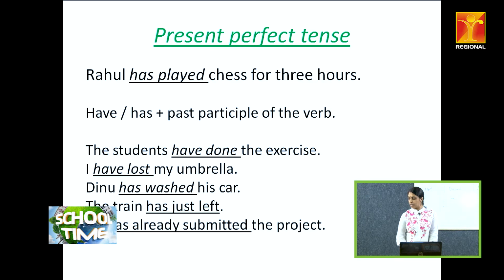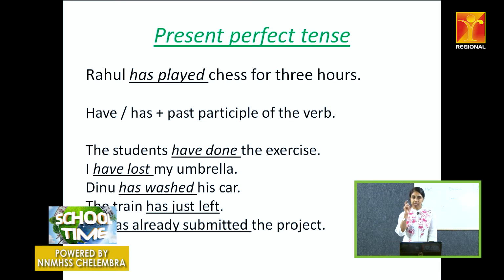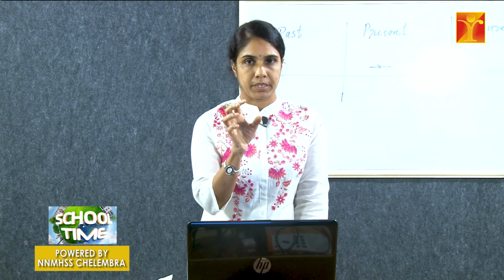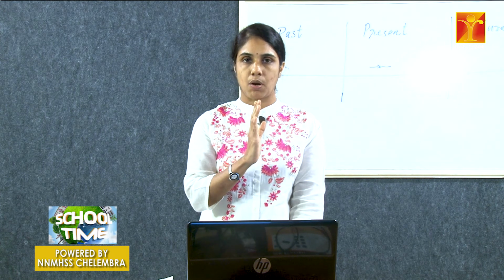This sentence indicates that an action is over, an action is completed, but its effect is still felt or experienced. The action is completed. That particular action is completed now, but its effect is still there.